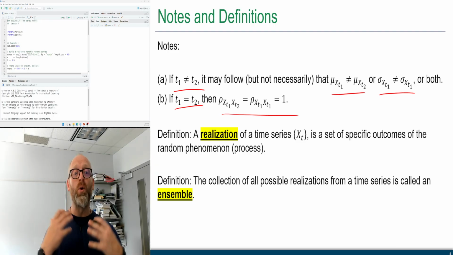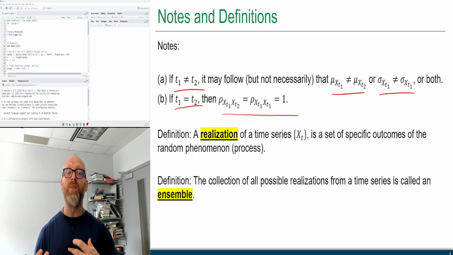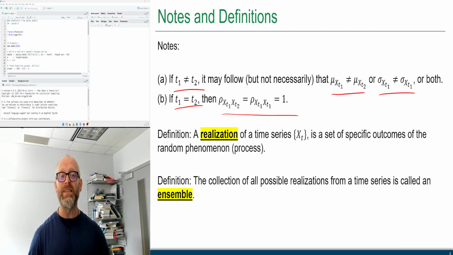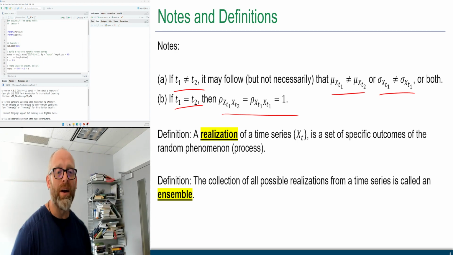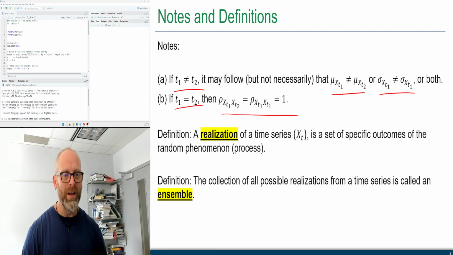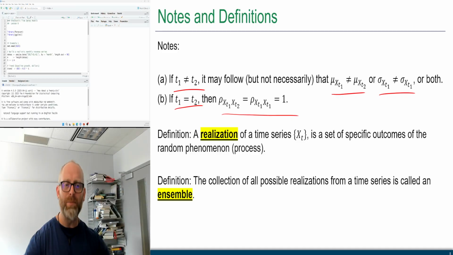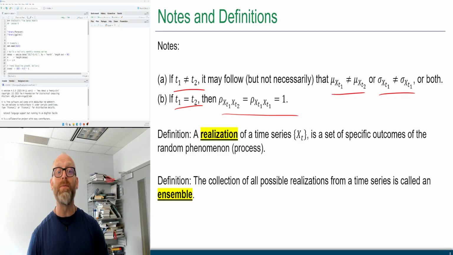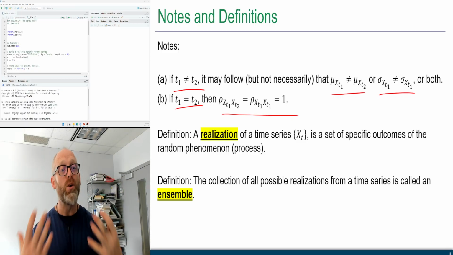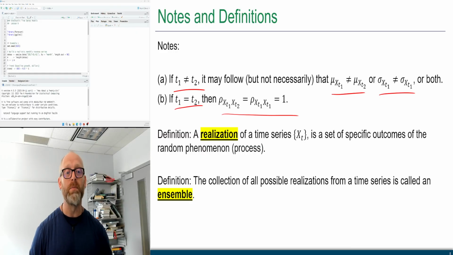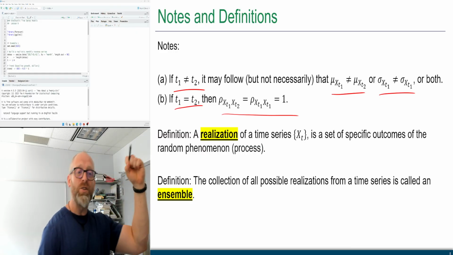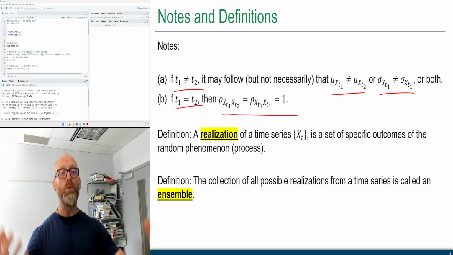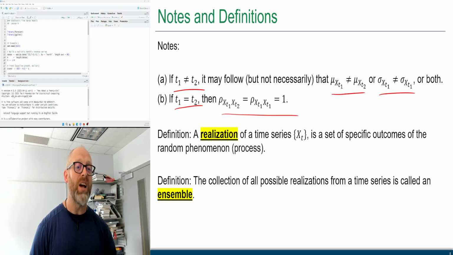We don't know what's going to spit out, but we know it's going to follow a specific distribution. So think of this as a function. If we hit that time period, out comes a value. We go to the next period, we hit that random variable, out comes a value. We don't know what value is going to come out, but a value is going to come out following its specific distribution. So if we banged on each of those random variables, a value would come out. That is a realization of a specific time series.